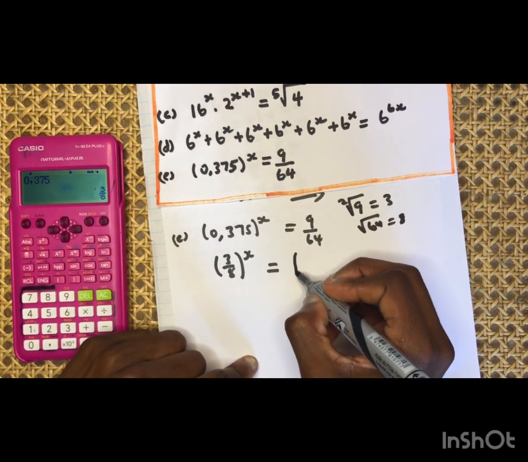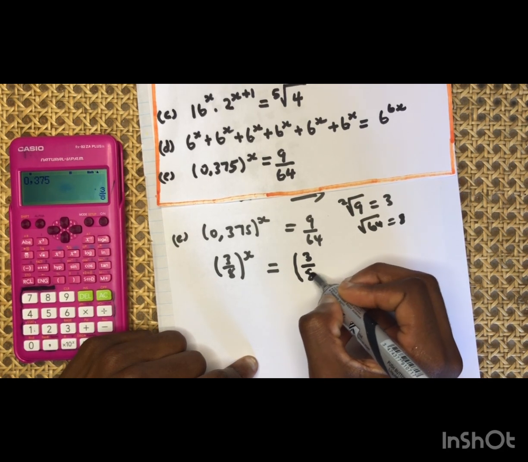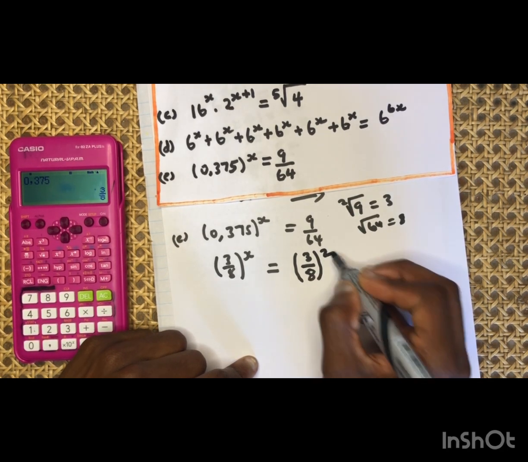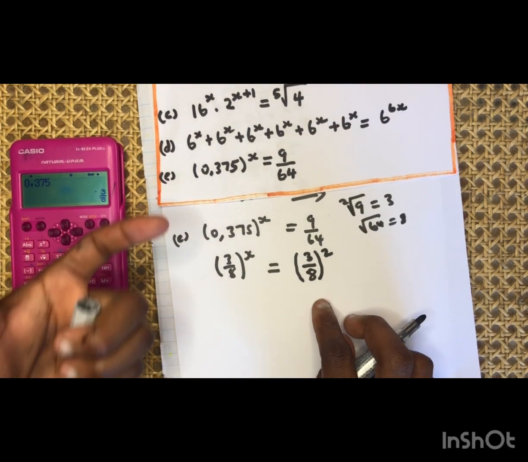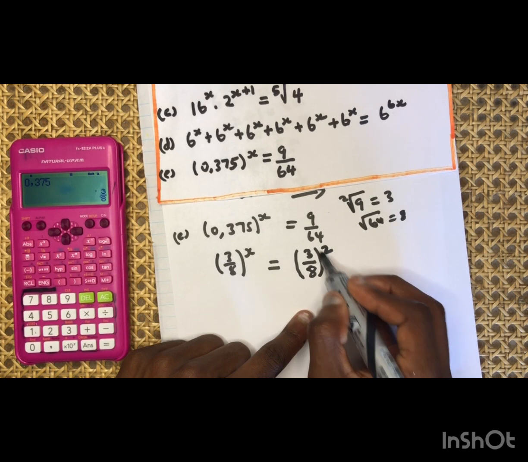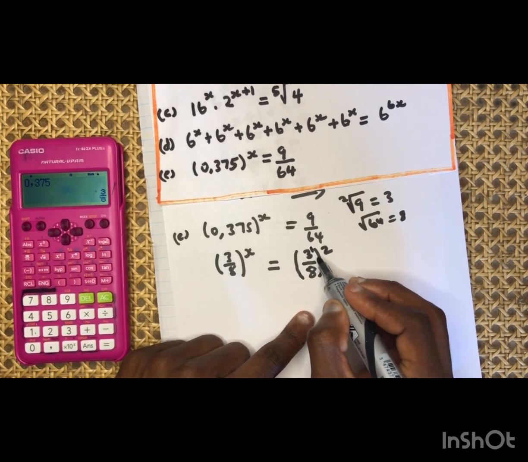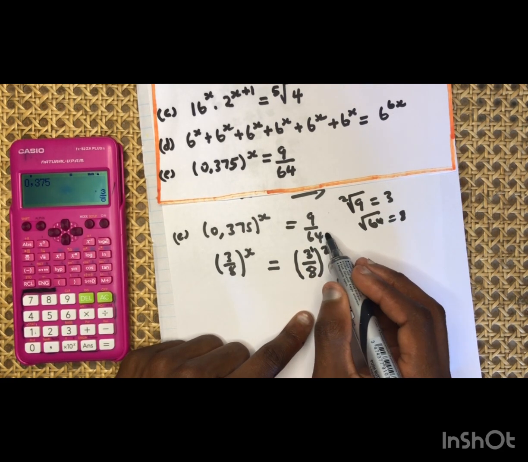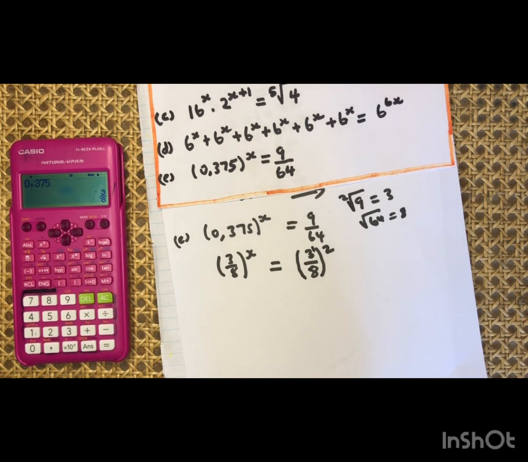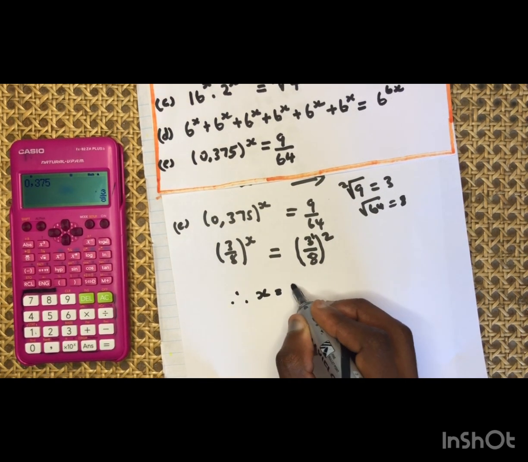So I'm going to open brackets here and put 3 over 8, then I raise it to the power 2. Remember your laws of exponents, guys, from the first video. This power multiplies every exponent inside. 3 to the power 2 is 9. 8 to the power 2 is 64. So now the bases are the same. Now we can conclude that x is equal to 2.